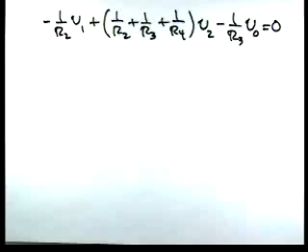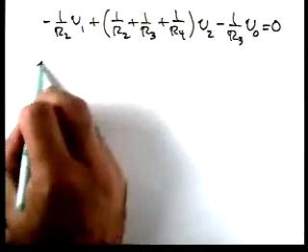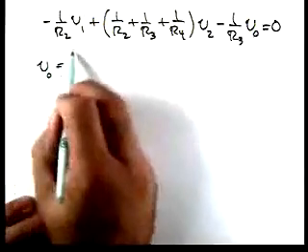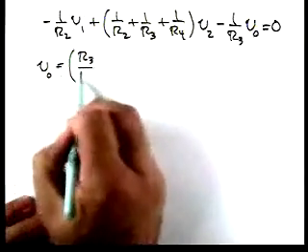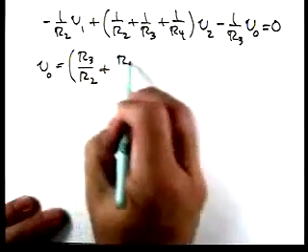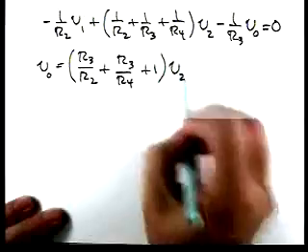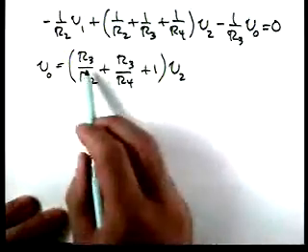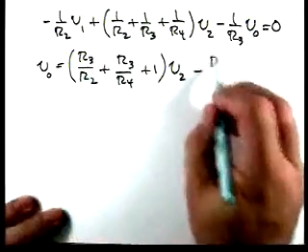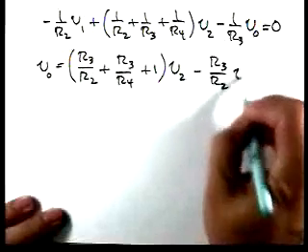Now let's multiply through by R3 and solve for V0. So now V0 becomes R3 over R2 plus R3 over R4 plus 1 times V2 minus R3 over R2 times V1.